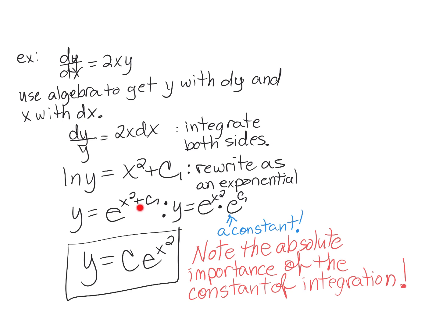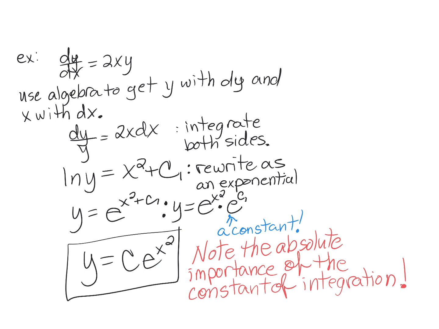Now, if I'm adding powers, that means I'm multiplying e to this power times e to this power, right? But e to a constant is itself a constant. So I'm going to rewrite e to the c1 as plain old c being a multiplier of my function e to the x squared, okay?